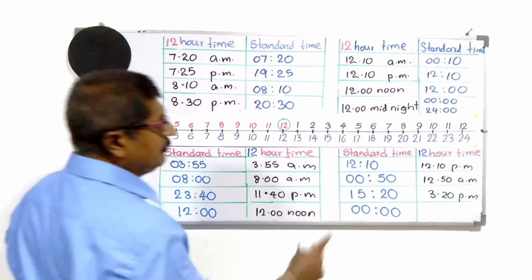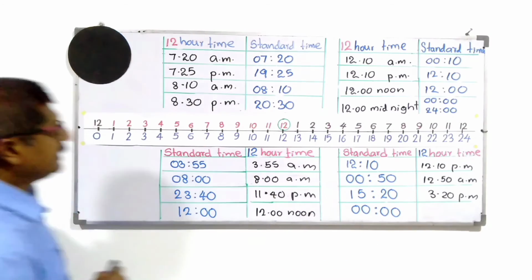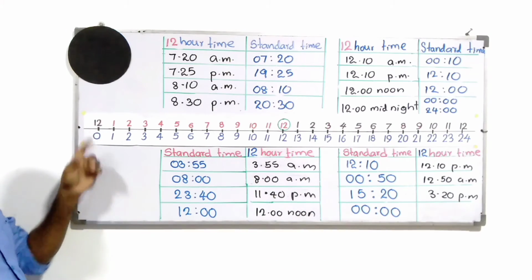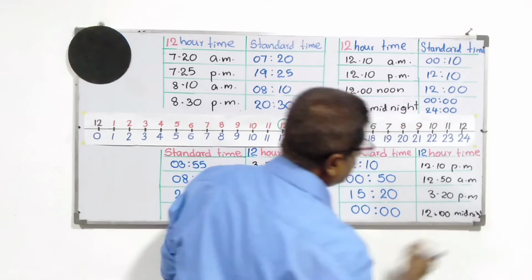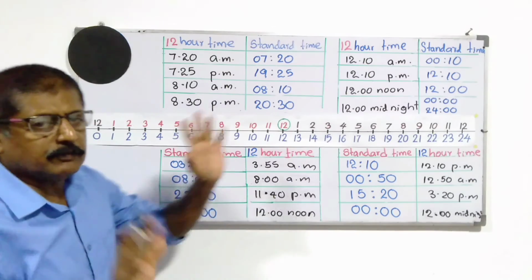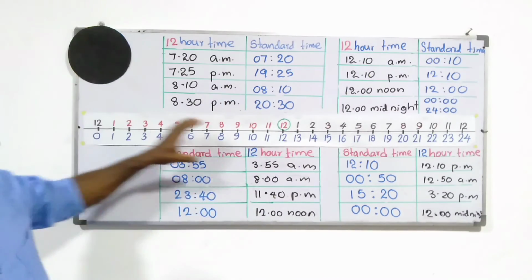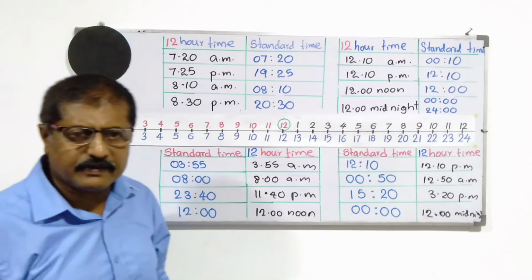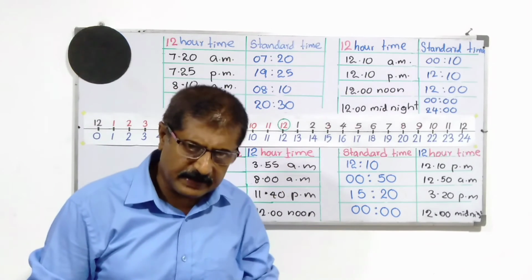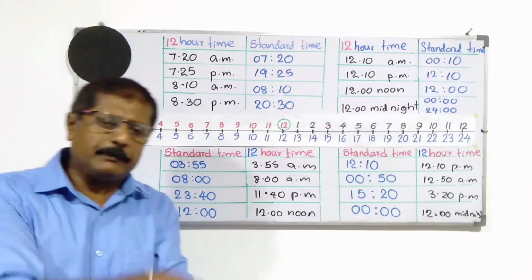On this side, 00:00 is 12 midnight. Yes. Now by using this chart, you can convert time from 12-hour format to 24-hour format, standard format, or the other way around.